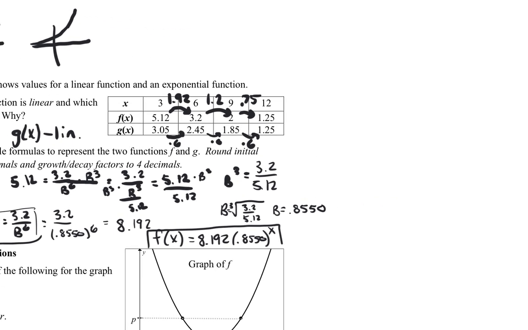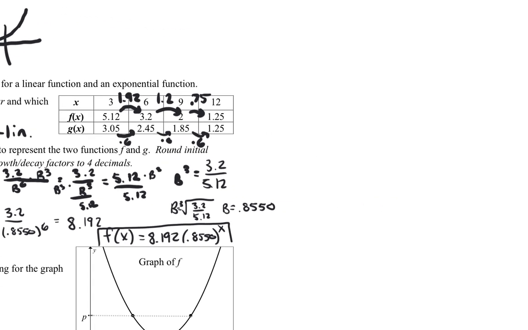For part B, I'll do that over here. For g of x, we know it's linear, so it's going to have a formula of mx plus b. We know that the slope is equal to the change in y over the change in x. We have 2 points, and we can just pick any 2 points.